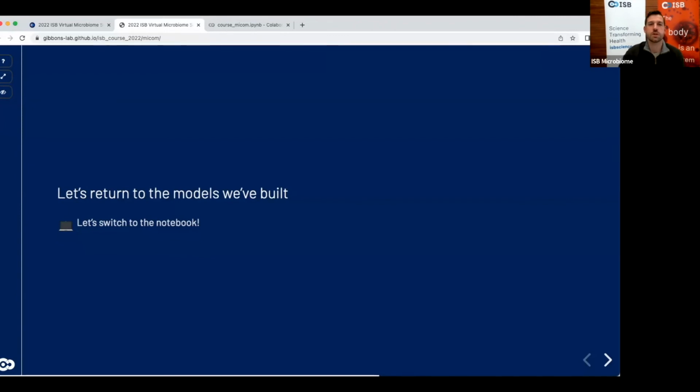Sure. So the question was about model databases and what sort of databases might be available for the microbiome, but also for modeling other body sites, perhaps, or in the mouse gut, for instance. Off the top of my head, I'm not very familiar with many other databases, but I do know that there are many curated databases available on the web that you could find and pass into Mycom.